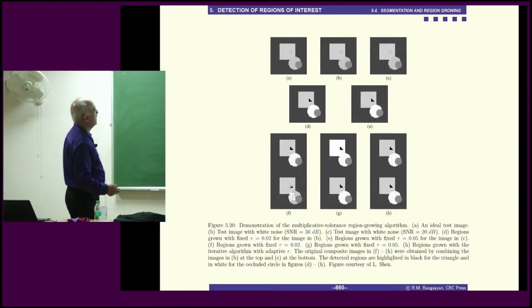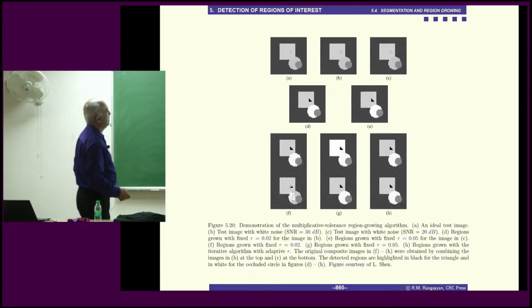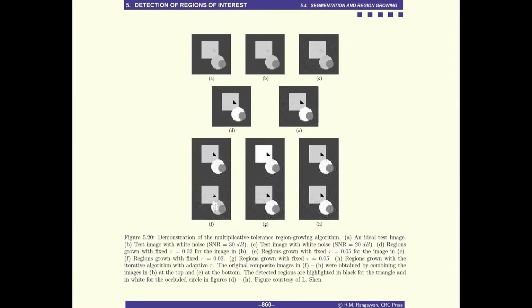I'll skip that. So here is an example with some synthetic cases. There is a small dark region, and there is this partially occluded circle. There is a circle here that is occluded by the square. So these two regions have been grown properly. There are different levels of noise added, and if you use the fixed methods, you get poor regions.